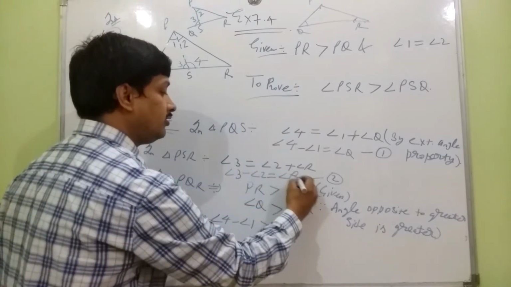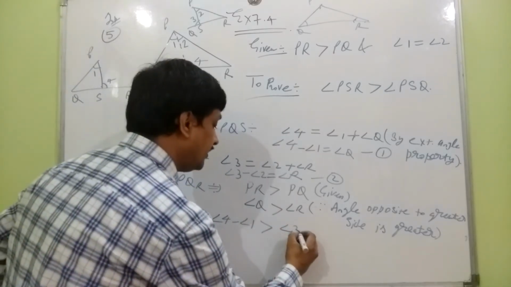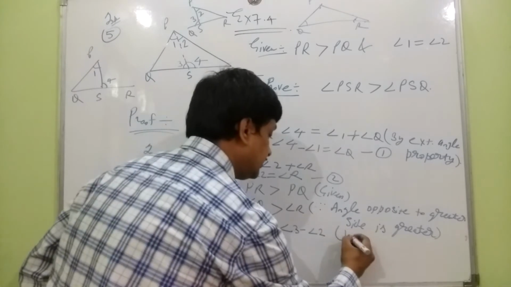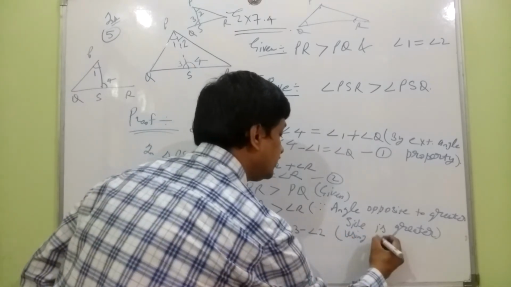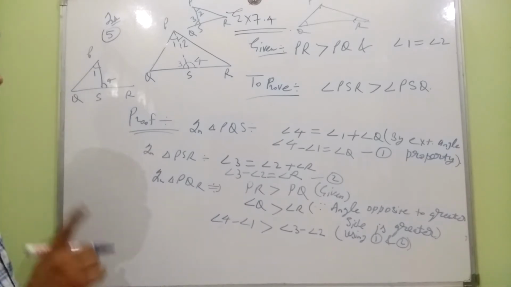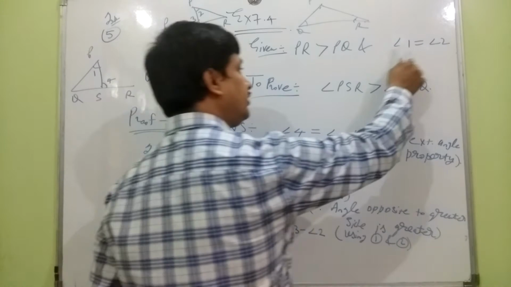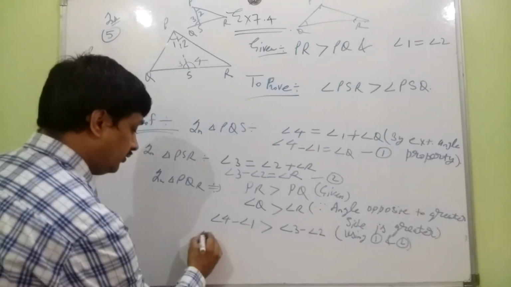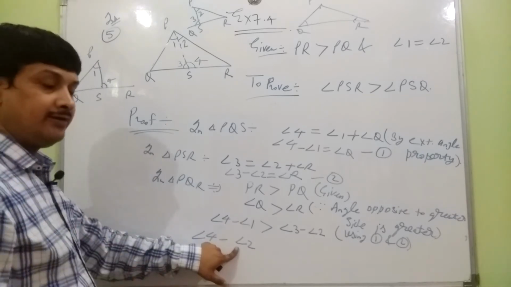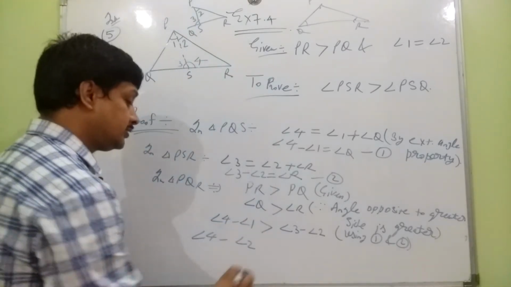So angle R will be angle 3 minus angle 2. Okay, this is by using equation number 1 and equation number 2. Now one thing which we have not used yet is angle 1 equal to angle 2. So we can write angle 2 in place of angle 1, or we can write angle 1 in place of angle 2. Any one of these you can change.